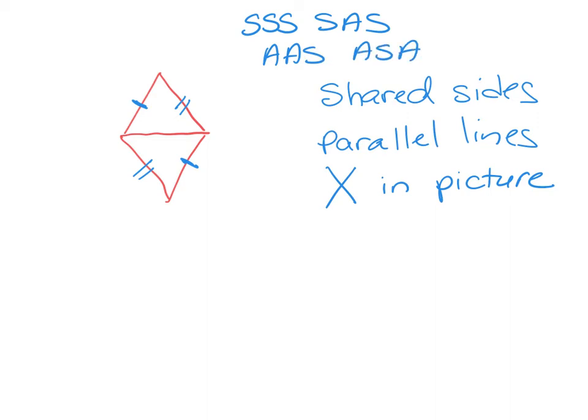We're going to learn some with right angles in a couple weeks, but those are my four choices for now. So if I have side, side, side, I need a third side. If I have side, angle, side, I need an angle, but it's a specific angle. It's the angle in between the two equal sides. So I would need this angle right here and this angle right here.